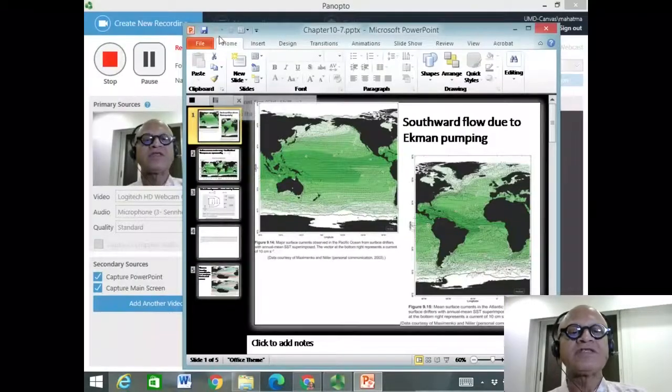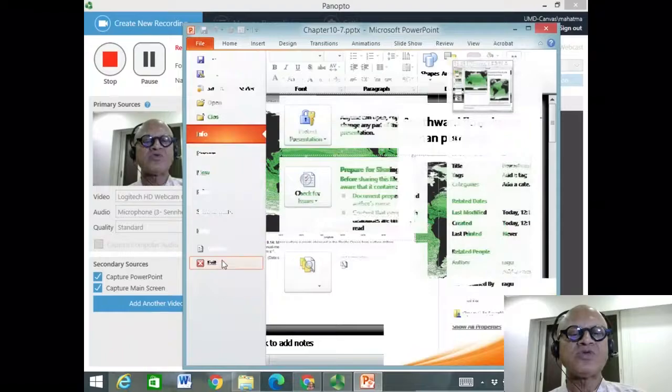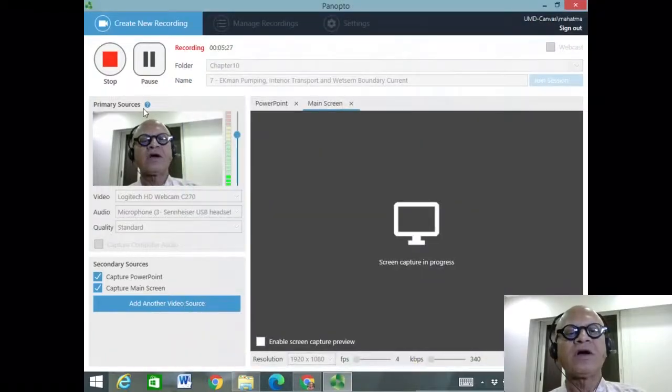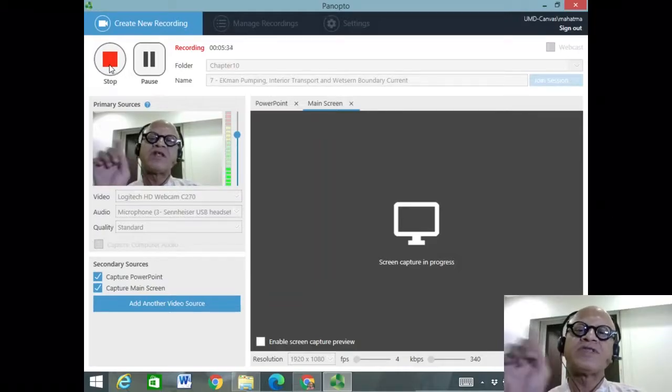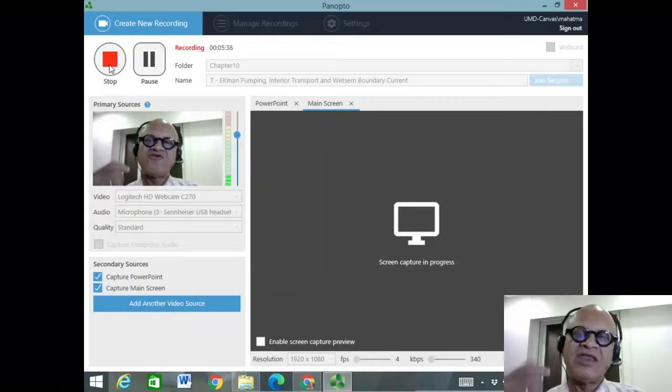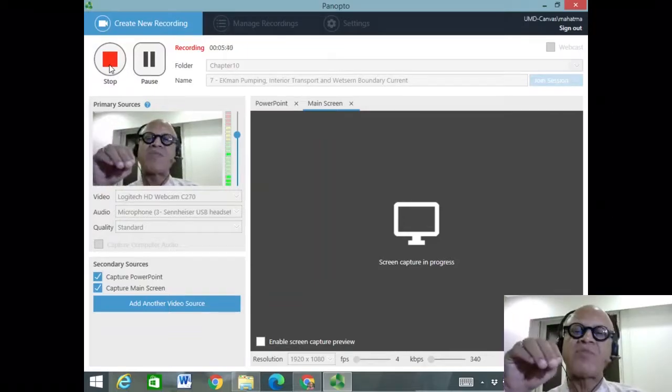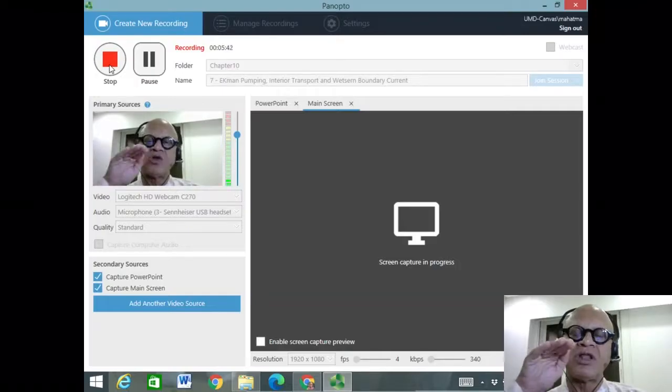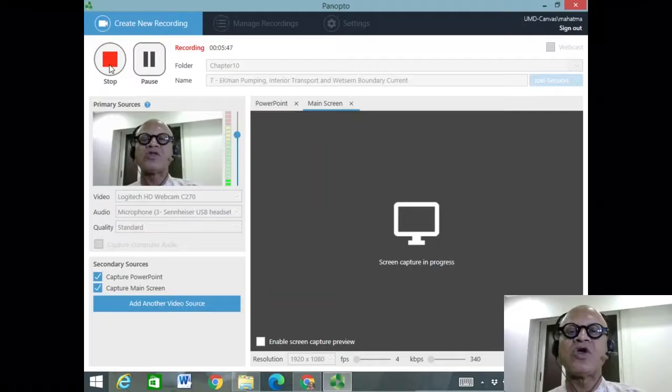Okay, so that's a kind of a brief introduction to how the anticyclonic gyre is set up by the westerlies, easterlies, interior southward transport caused by Ekman pumping into the interior below the Ekman layer, and the matching northward transport in the western boundary current.